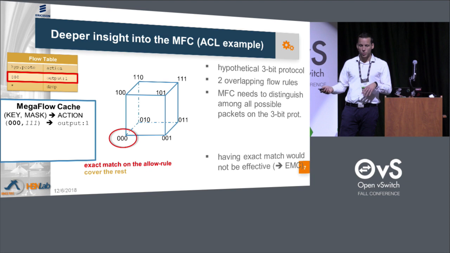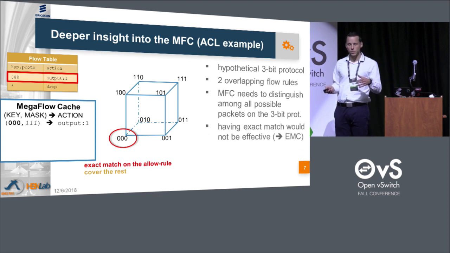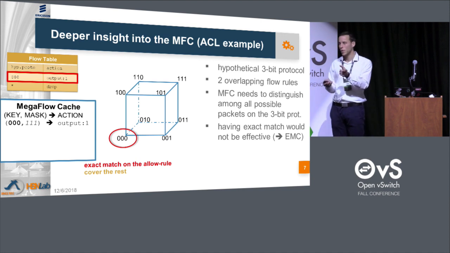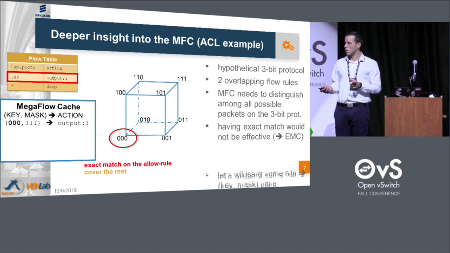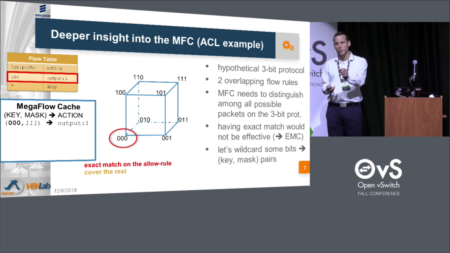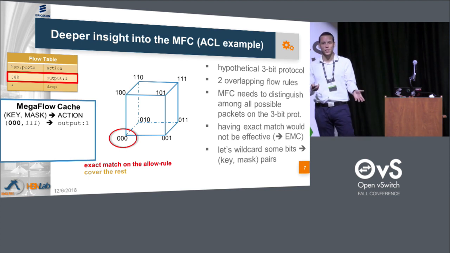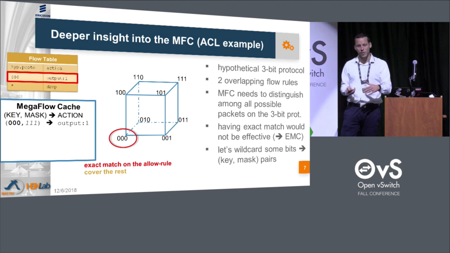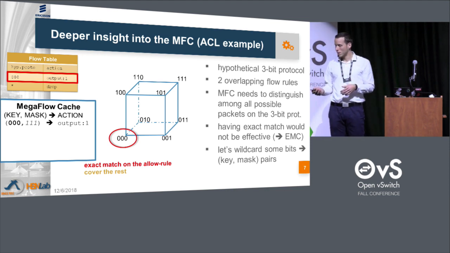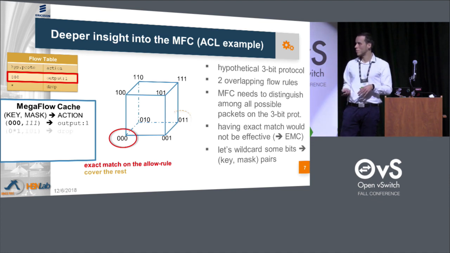And to cover the whole problem space, we need to somehow cover the rest of the corners of the cube, right? If we had an exact match on all of the corners, then it would result in the same exact match cache that we already have one layer below. So let's wildcard some bits. Let's see how it would look if we try to cover the rest of the problem field.